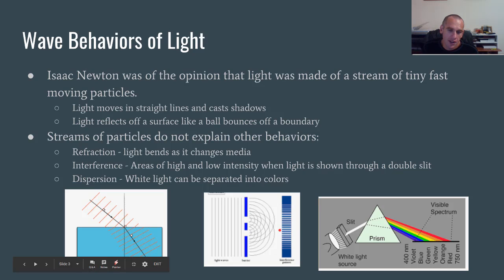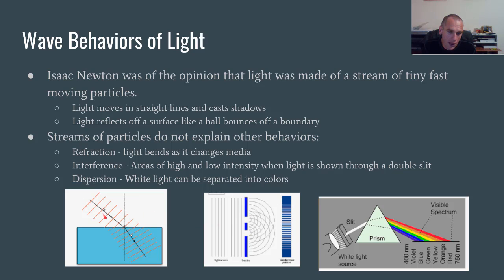The way we think about that is like if you dropped two pebbles in a pond, they would create circular waves that would move out, and sometimes they would interfere constructively and sometimes destructively. When you shine this light through the double slit, it's like you get two new waves that bend through there, and sometimes they interfere constructively and sometimes destructively. That can only be explained by wave behavior.